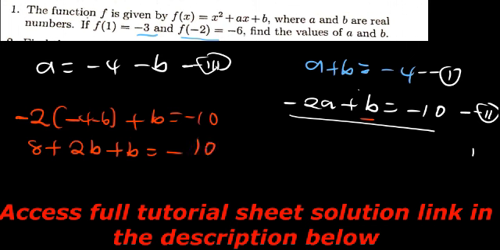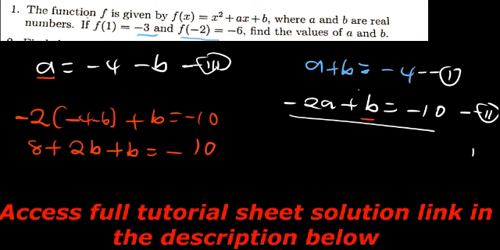So let's see. If we shift this other one to the other side, what do we expect to have? Let us see clearly here. We have made a the subject of the formula.